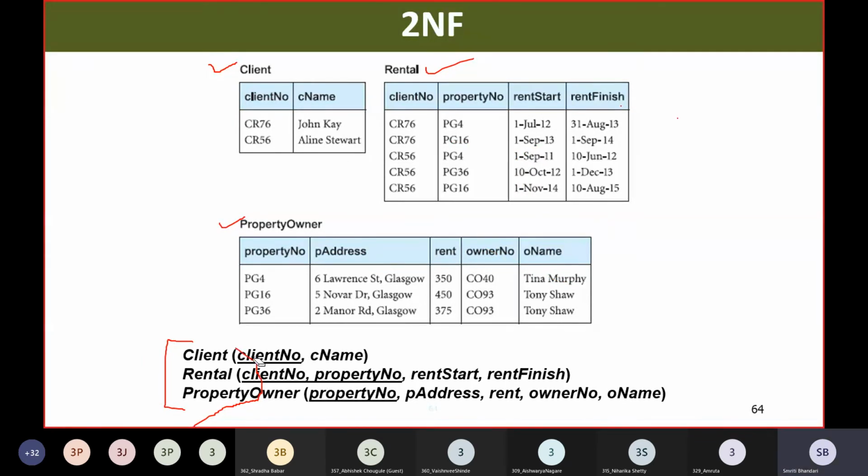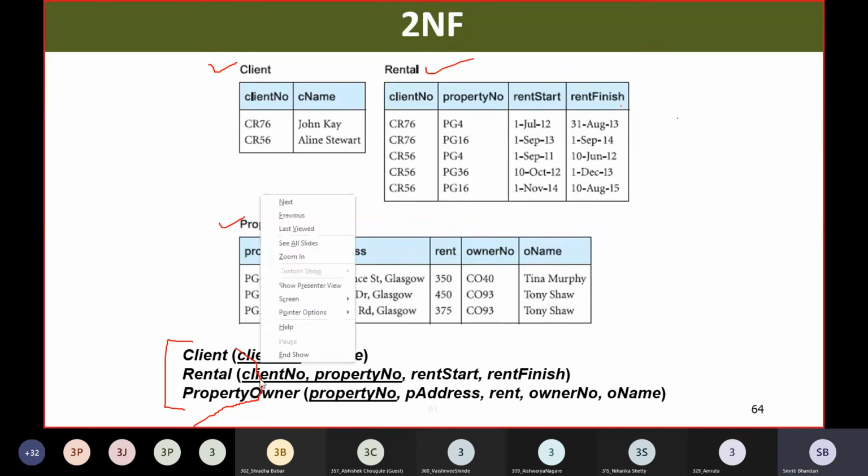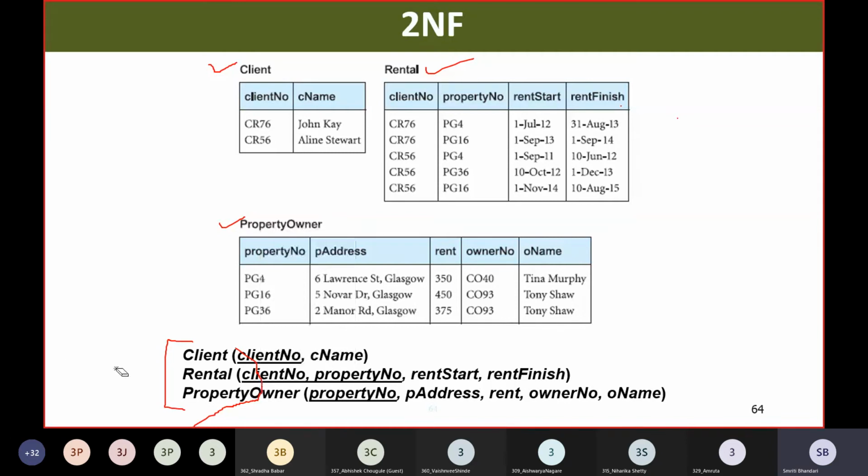And if we try to find out whether these three relations are in 2NF, then we can easily identify that now these relations are in 2NF. How? If we look at these three individual relations now, what are the conditions for a relation to be in 2NF? The very first condition is the relation must be in 1NF.